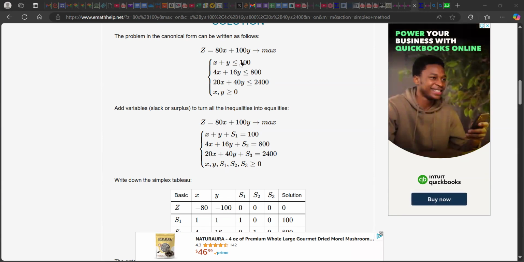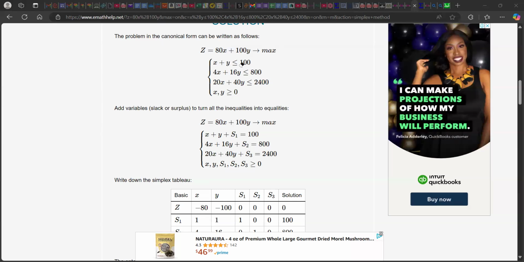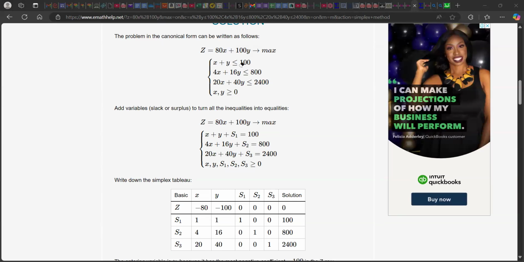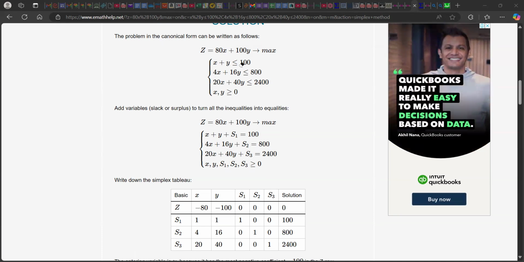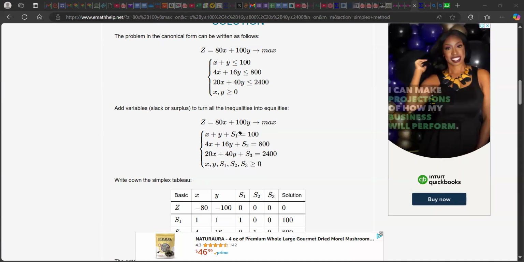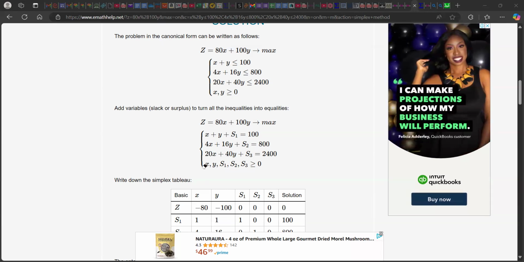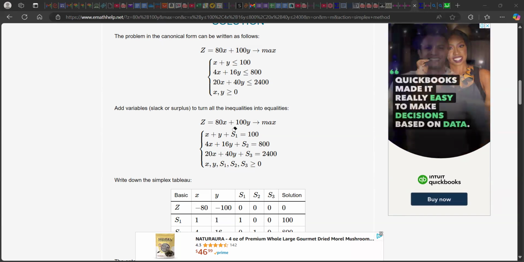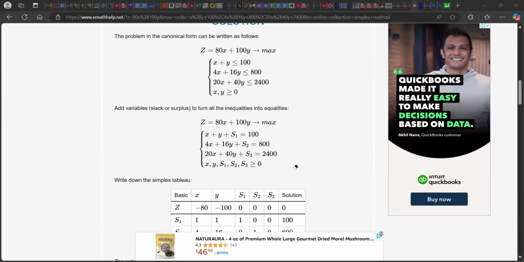So x plus y plus S1 is equal to 100. It takes up the slack there. Because x plus y is not equal to 100, it has to be less than or equal to. But to introduce the equal sign, you have to put in a slack variable. That's what you see here with all three inequalities. We put in S1, S2, S3.